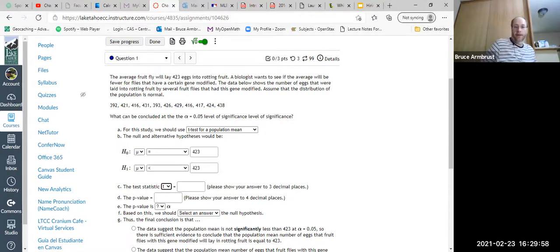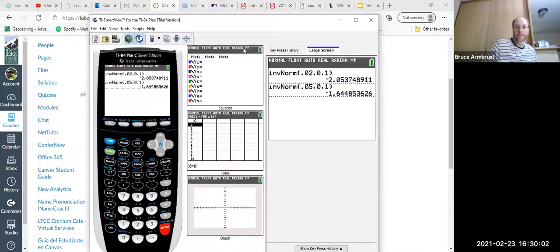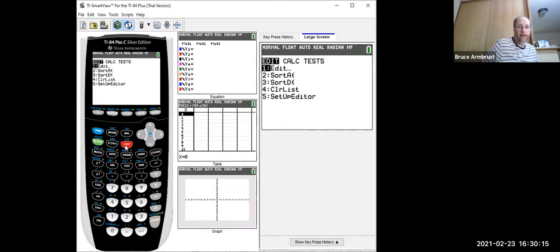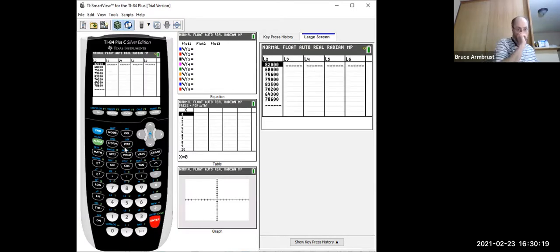So let's go to the calculator. Let me switch my view here for you, and let's put this in. First things first, we need to put this information in. So I'm going to hit stat and then edit. This is where I can actually put in my data.